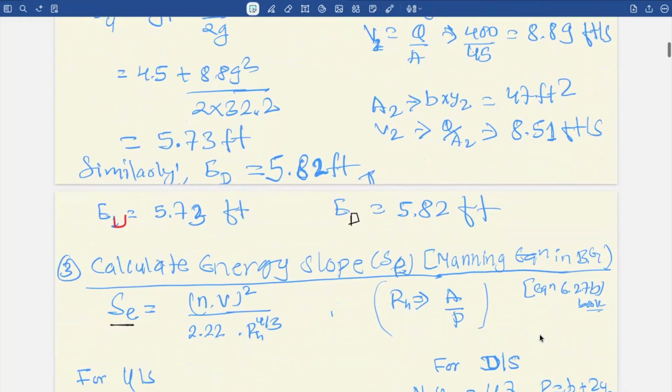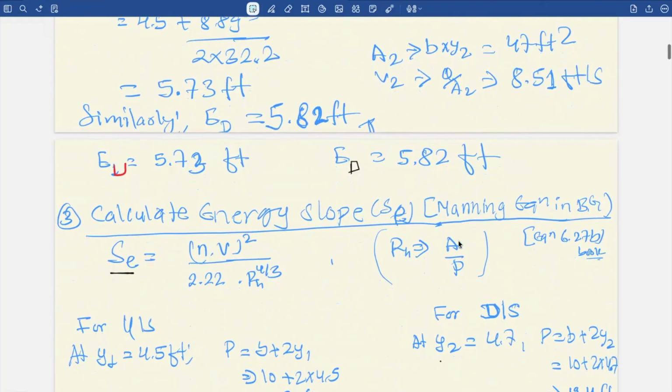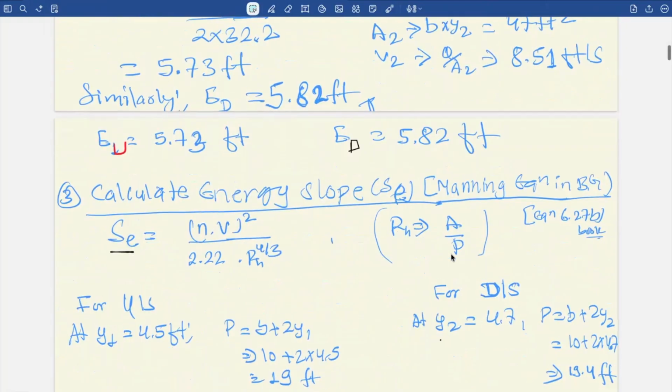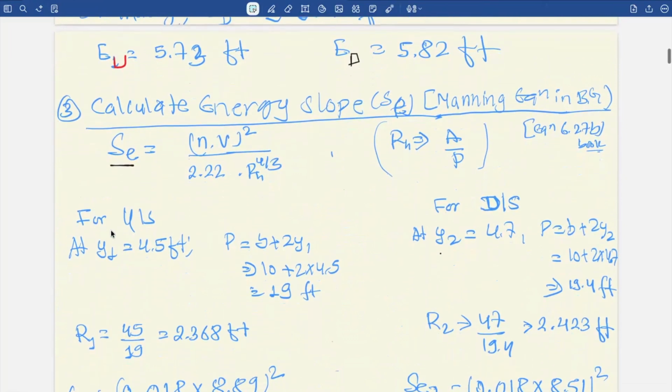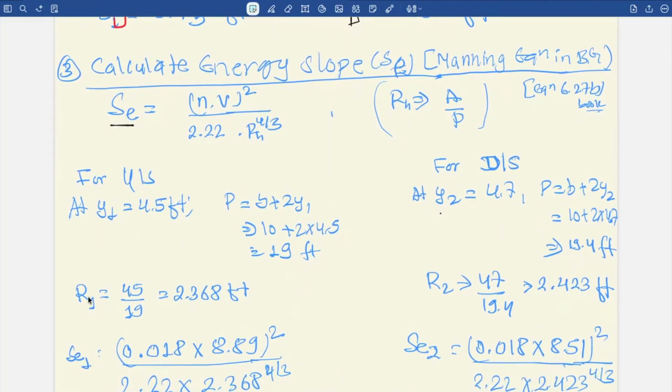So since we already know the V, we don't know the R_H. We can compute the wetted perimeter for each section, and for the upstream section, the hydraulic radius will be A by P.